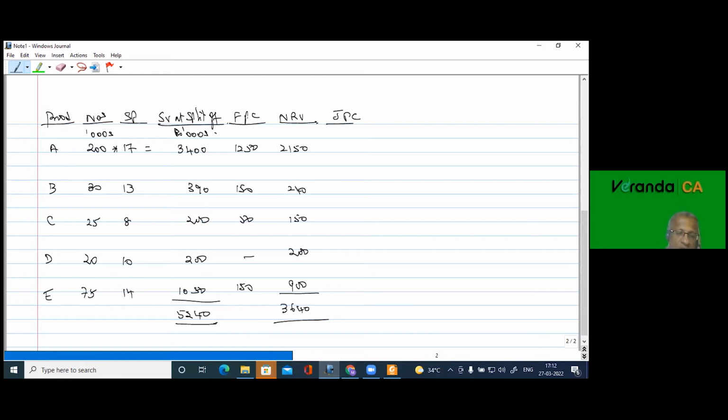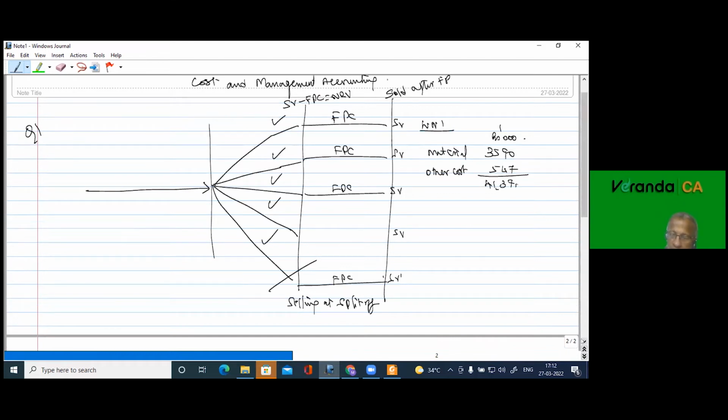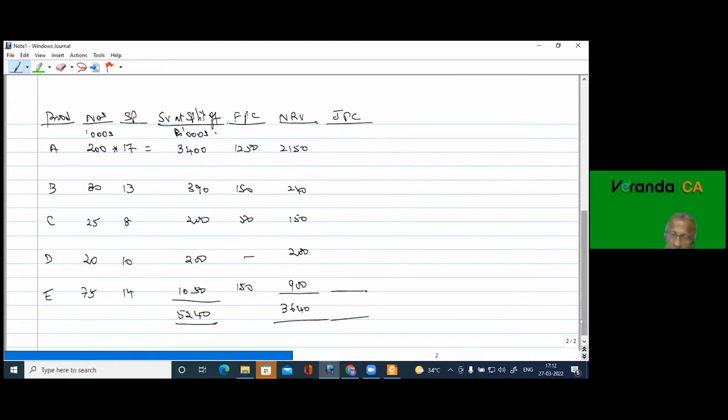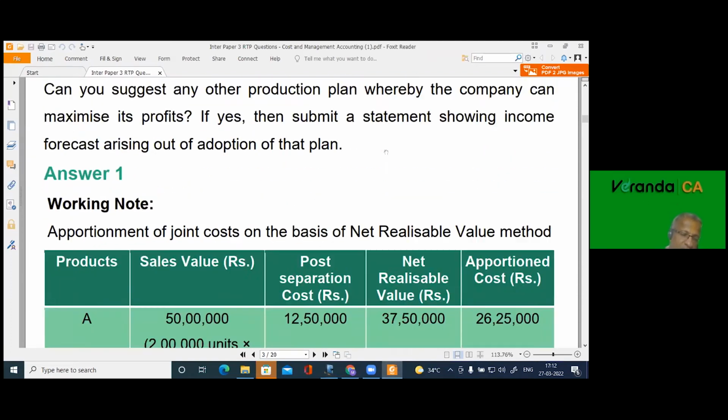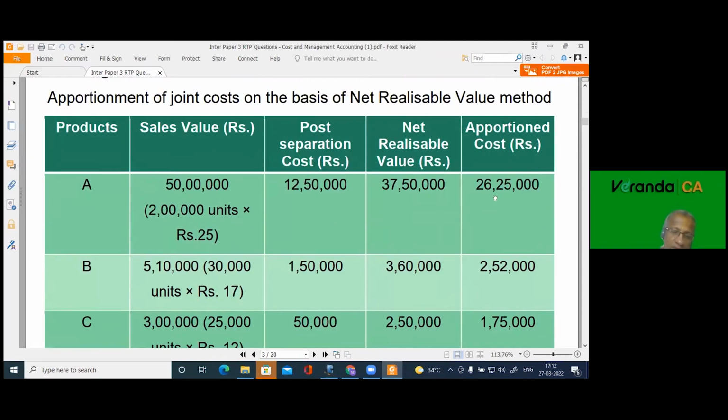Joint process cost we have already taken up as 4137. So 2150 divided by 3640 multiplied by 4137. Let me get that computation right.